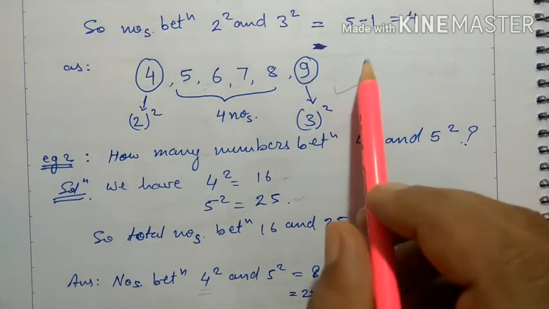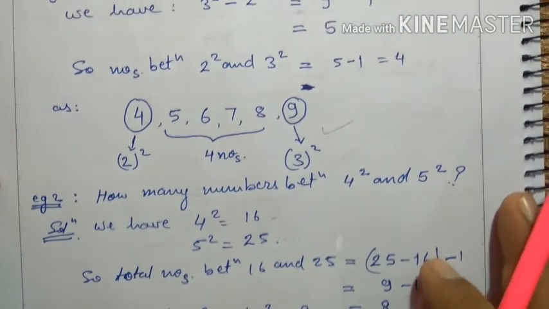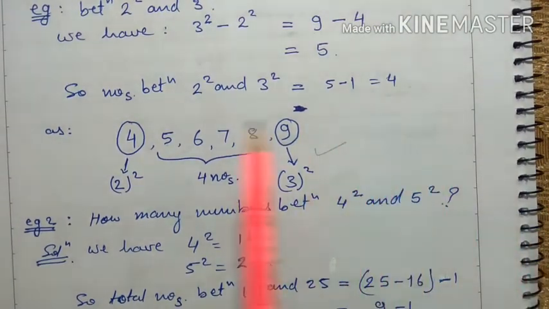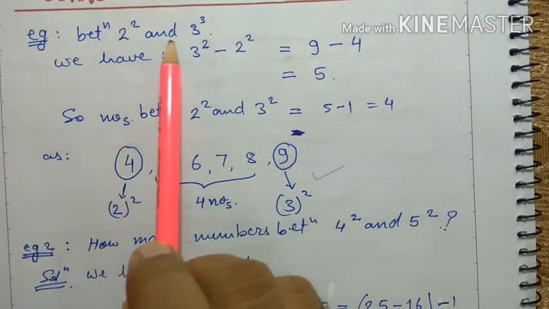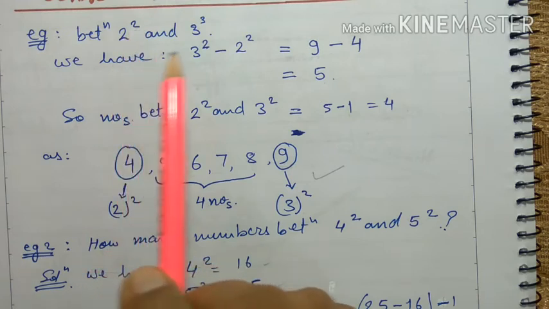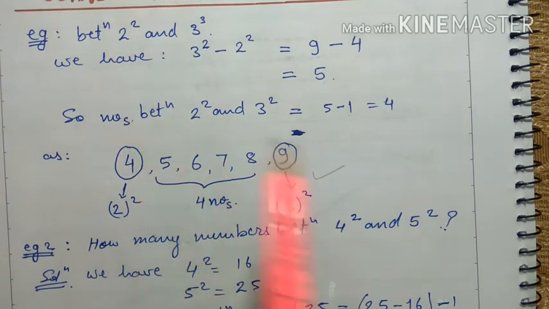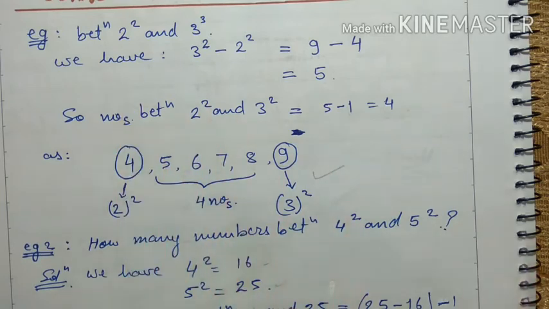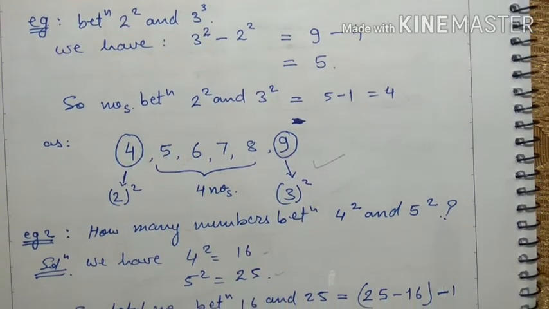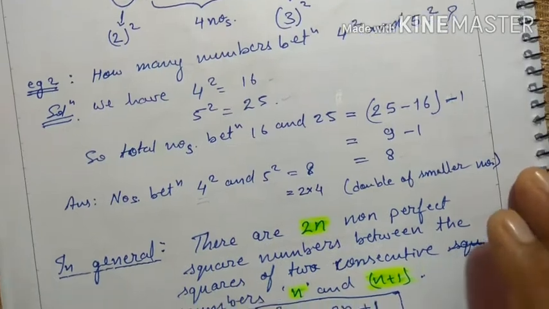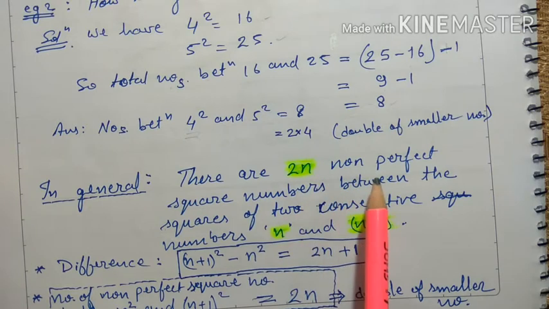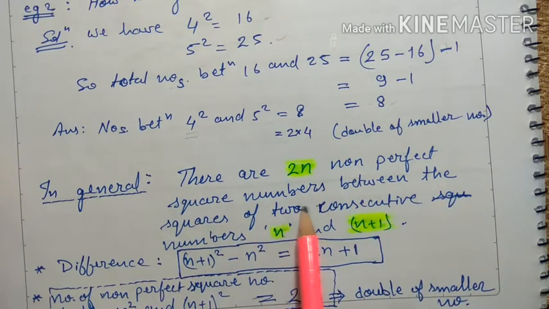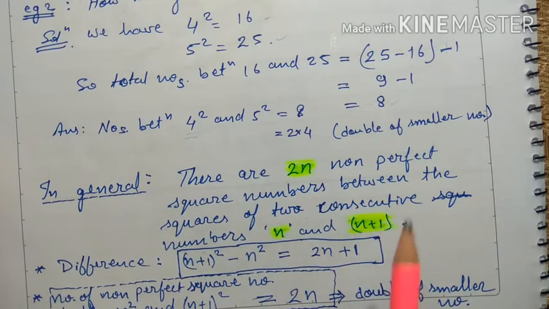Here also, in the first example, between the square of 2 and the square of 3, the total numbers between these two squares are 4, and 4 is double of 2, the smaller number. So in general, there are 2n non-perfect-square numbers between the squares of two consecutive numbers, n and n plus 1.